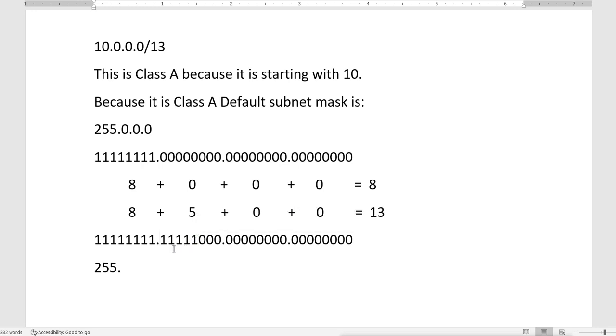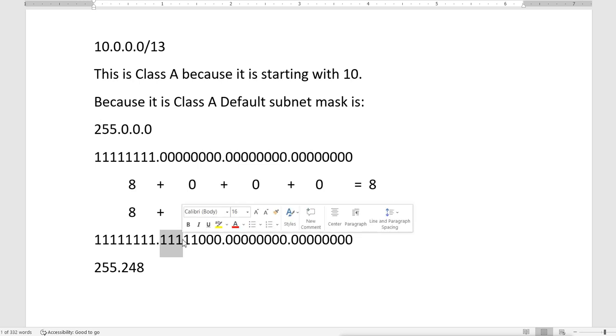When you combine them: 128 plus 64 is 192, add 32 it becomes 224, add 16 it becomes 240, and add 8 it becomes 248.